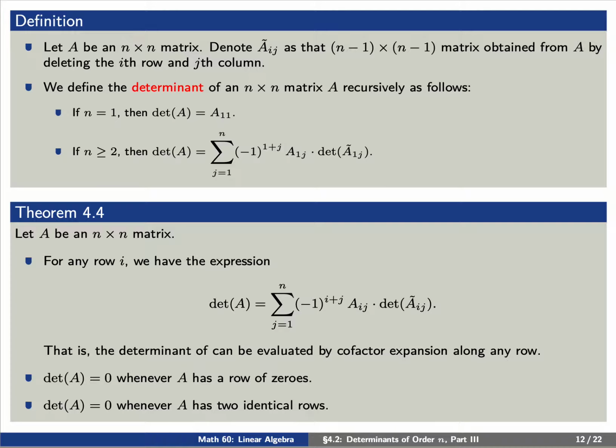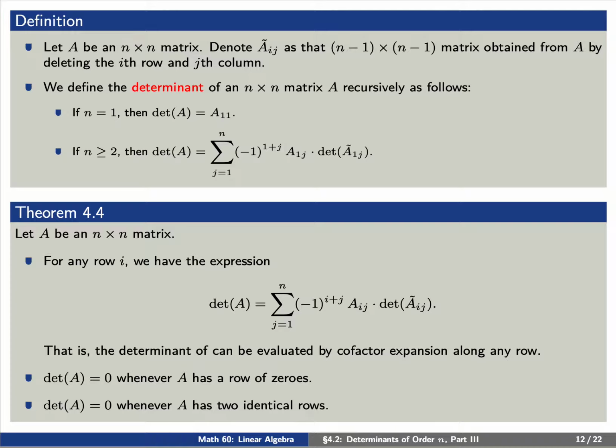Here's the main result for today. First, for any row i, we have the following expression for our determinant. It's a sum over j of (-1) to the i plus j times a_ij times the determinant of A_ij tilde. You'll see before in our definition of the determinant, i was equal to 1.